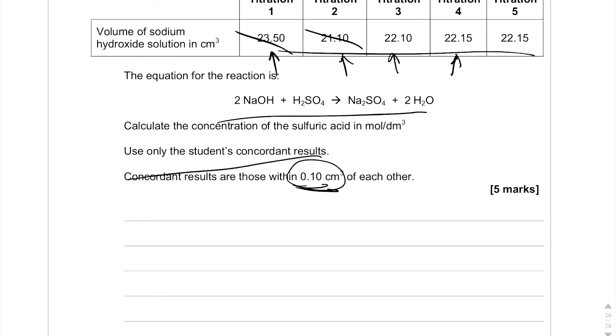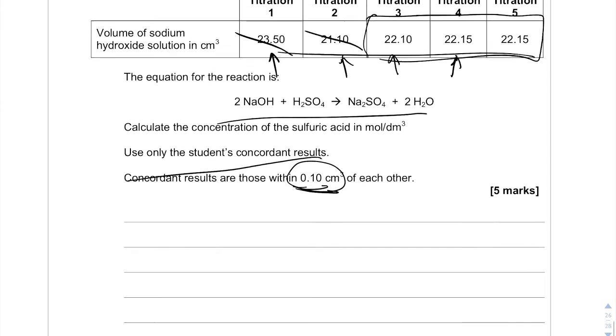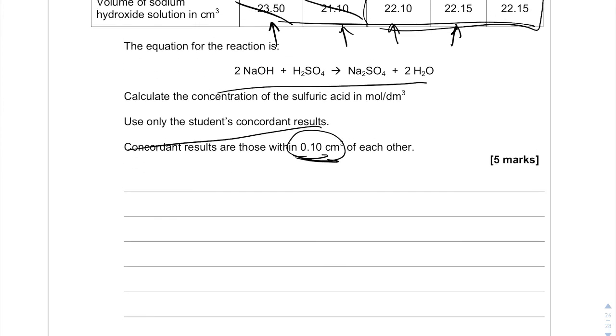And 4 and 5 are just exactly the same. So we're using these three. Right. And hence we get that the volume of this is 22.13 cm cubed for the titration.